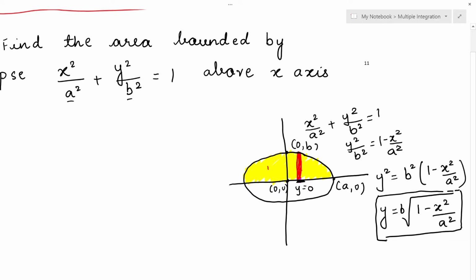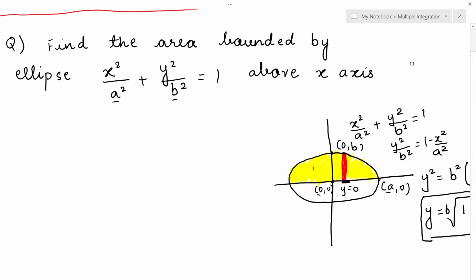Now the strip travels from left to right, so the points that will be given are x from 0 to a. So my outer limits will be 0 to a. So we have drawn a vertical strip and we have used the rules of double integration.